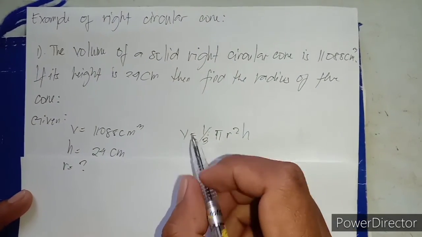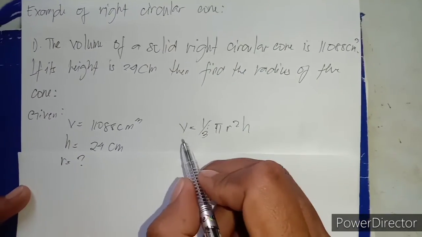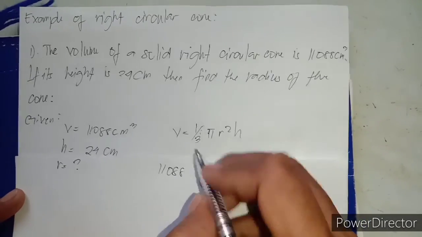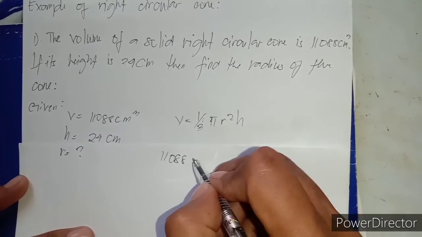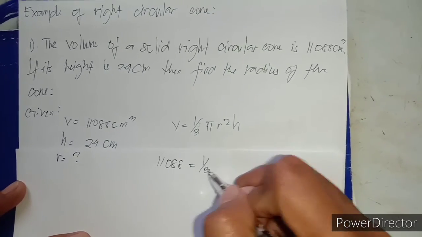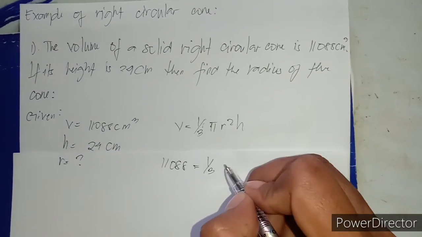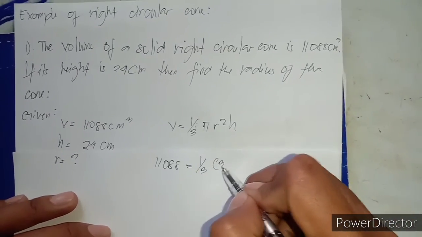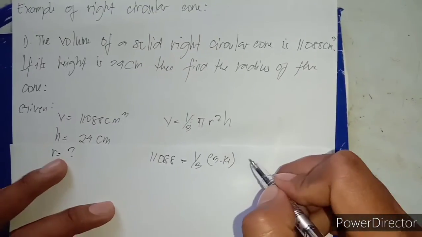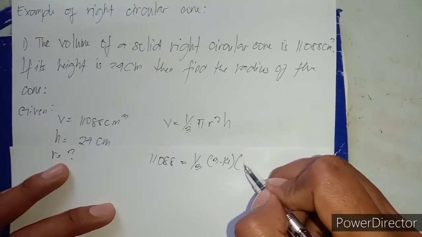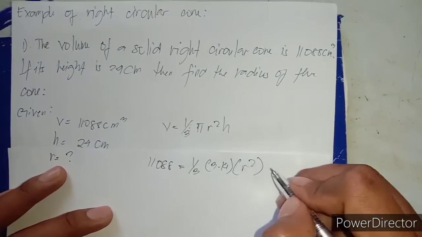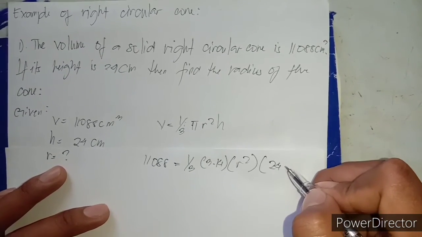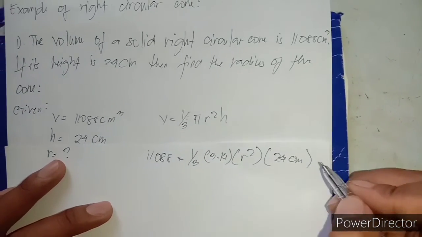So in this problem, the value of volume is 11,088 cubic centimeters, then times 1/3, then the equivalent value of pi is 3.14 times radius squared. The height is 24 centimeters.